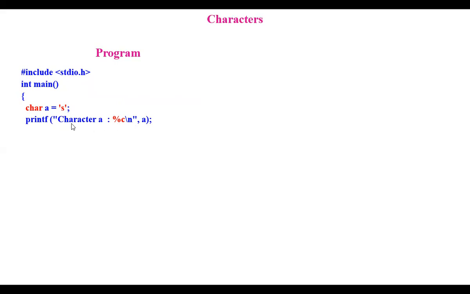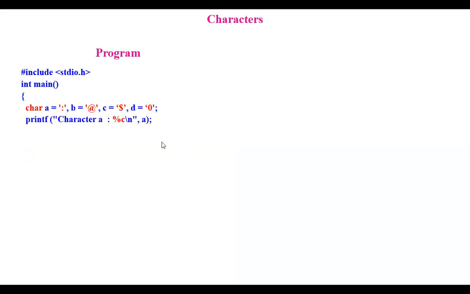Let us see how it is displayed. Completing the program, the output is: character A is equal to S. Only a single character can be used. It can be a number, a special character, a capital letter or a small letter, and it is indicated by %c.